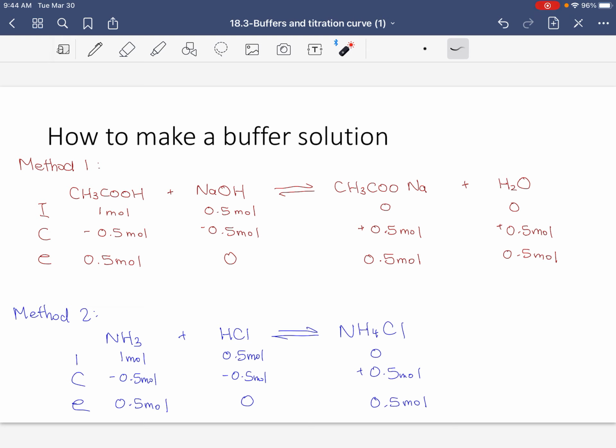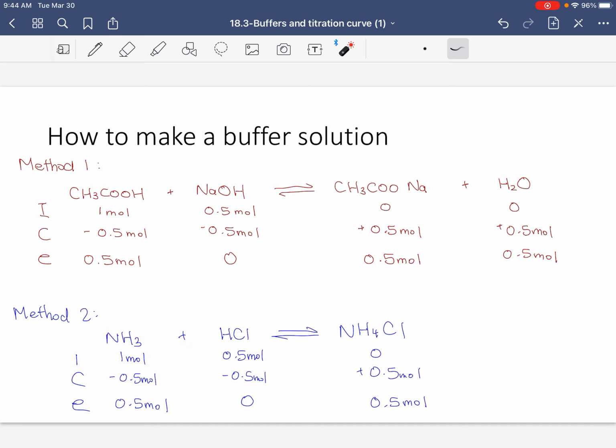It's by taking what you want, the weak acid that you're interested in, and react it with a strong base. Or you take what you want to make your basic buffer with, that weak base, and you react it with a strong acid.